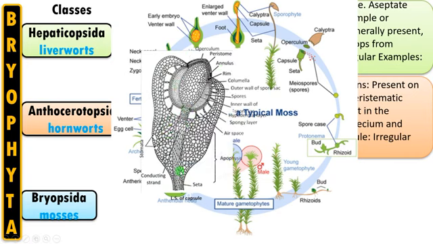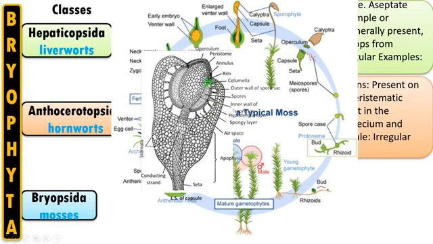So this is a seta, then there is a conducting strand that supplies nutrients to the developing spores. And here you can see the lid-like opening, which is called the operculum. Then there is peristome teeth and annulus that are made up of thin-walled, hygroscopic or water-absorbing cells that help in dispersal of spores upon maturity.